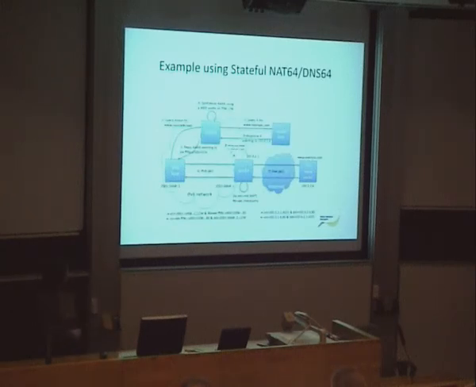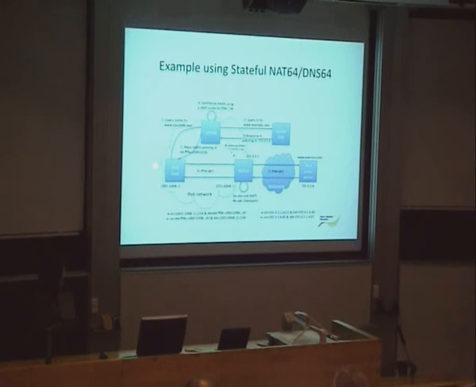So your IPv6 host is asking for a certain domain name via DNS64. It does an internal check that it doesn't exist in its own cache and so on. It asks the internet, gets a response, adds the well-known prefix to the address and synthesizes the AAAA record and returns it to the IPv6 host.